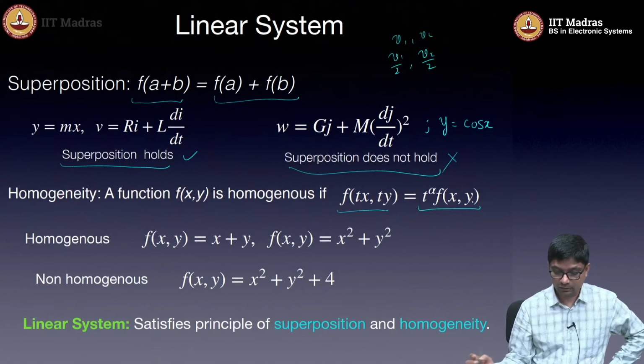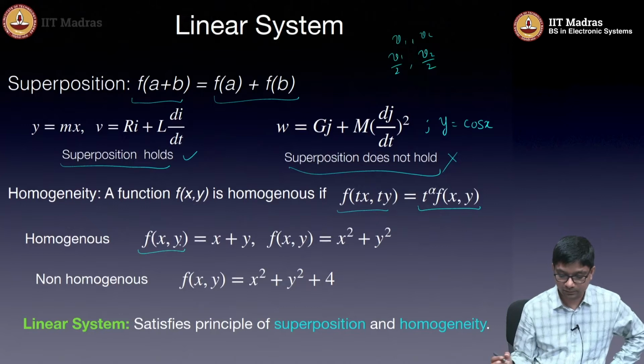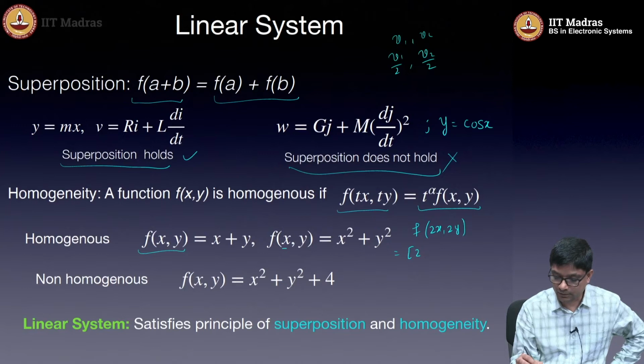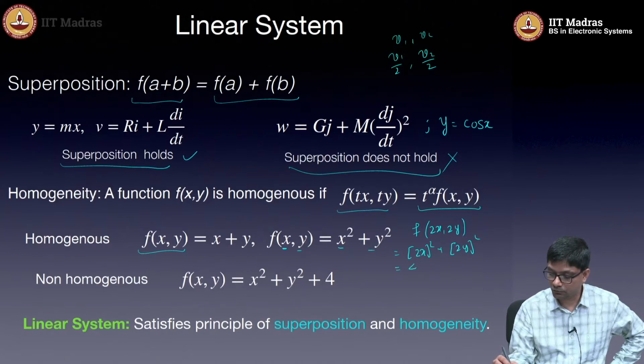Mathematically, if I take this example and just double the input, f of (2x, 2y) will be what? If this is an x here, the argument is x square, and for y it's y square, so (2x) square plus (2y) square is 4 times (x square plus y square).